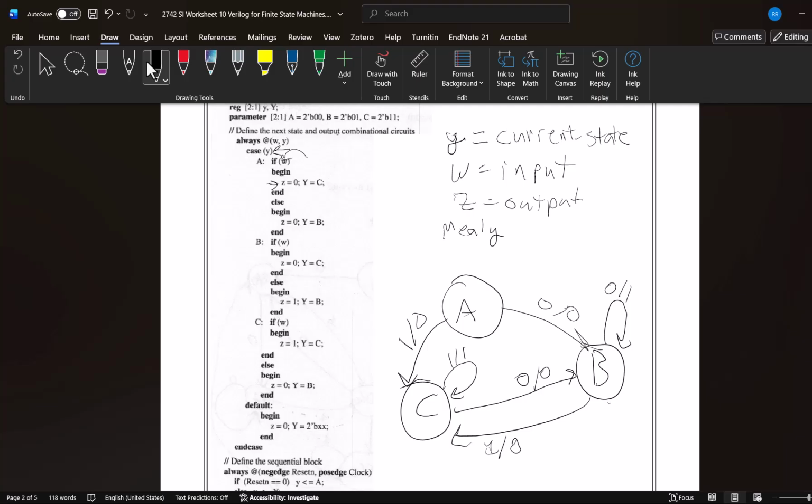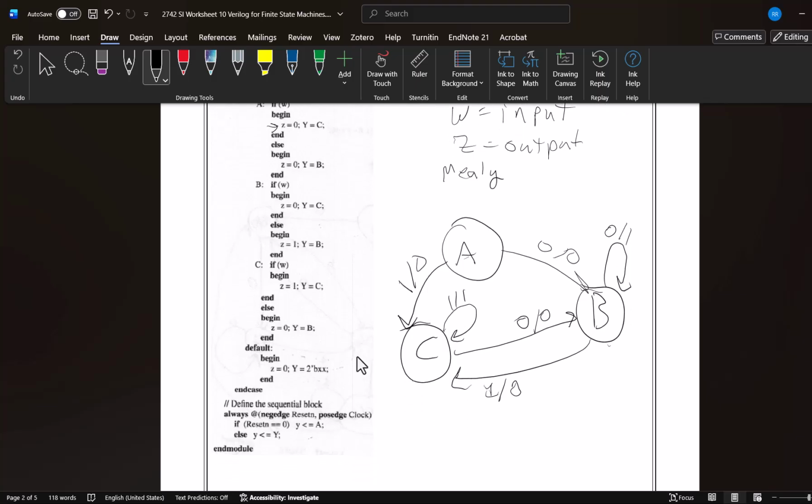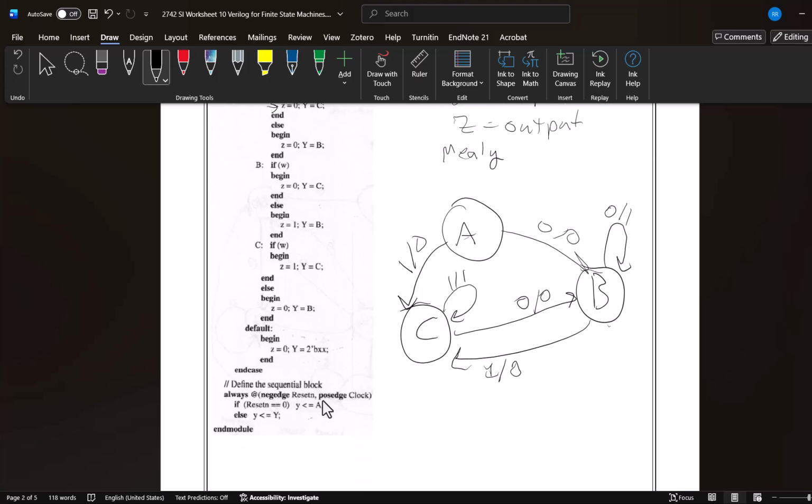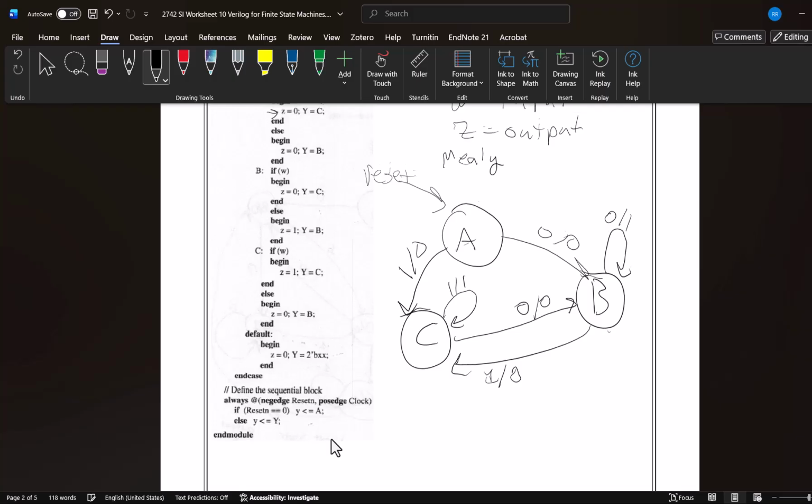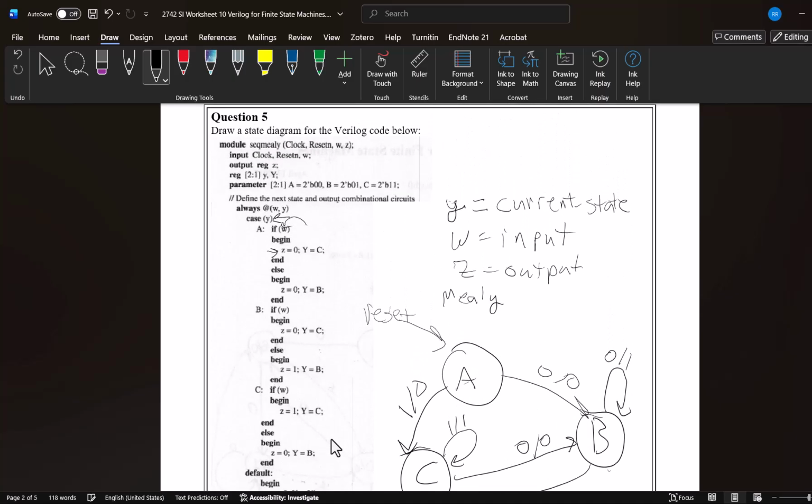And we put those outputs on the arrow because we had different outputs depending on the input. So the first number is the input, the second number is the output. Our second always block tells us that the reset state is A. And were we supposed to do anything? Just a state diagram.